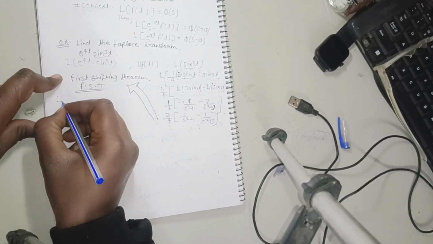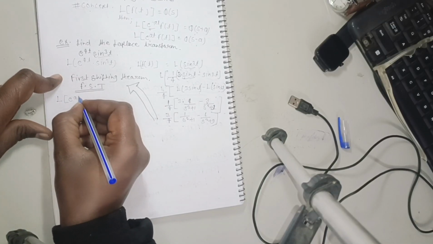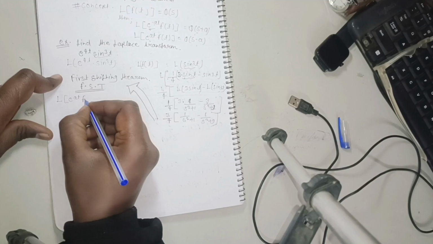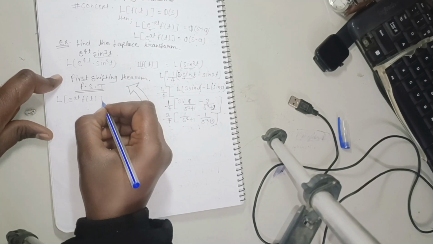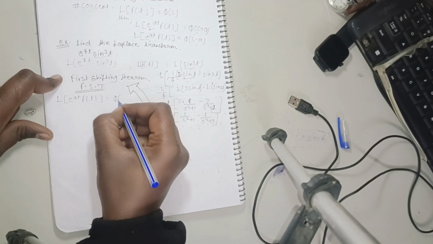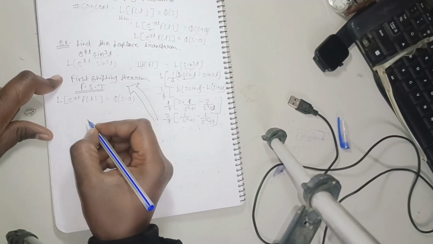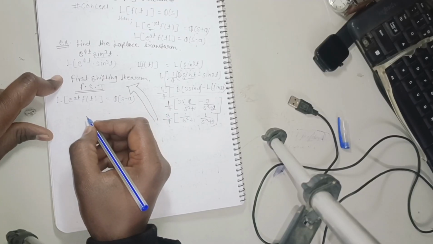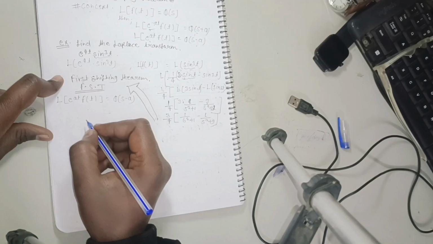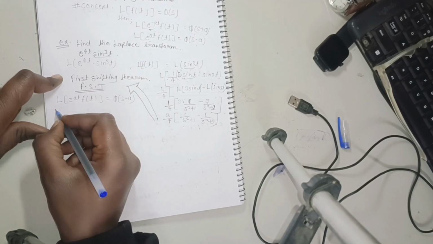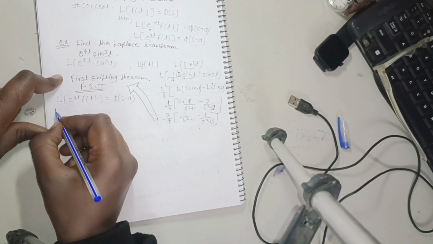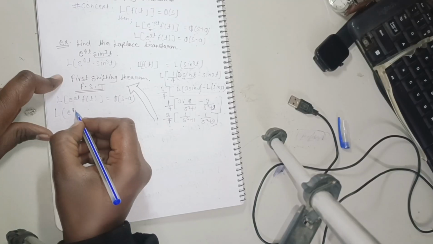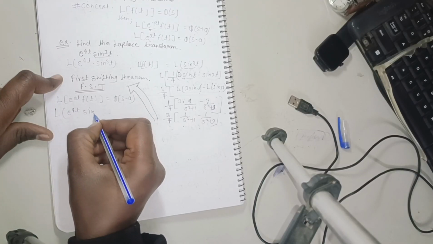Laplace of e to the power at times f(t) is equal to phi of s minus a. Here what is given is Laplace of e to the power 4t sine cube t.